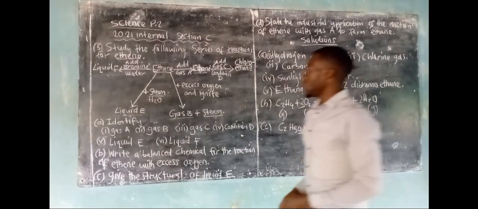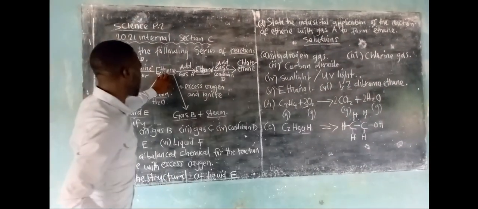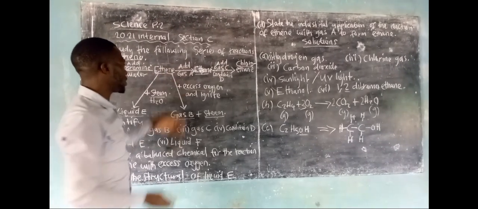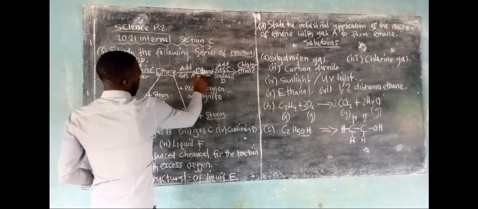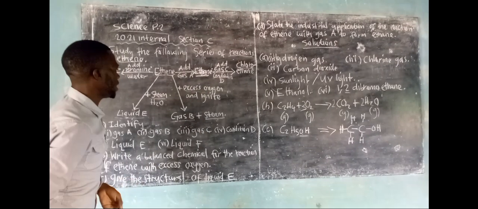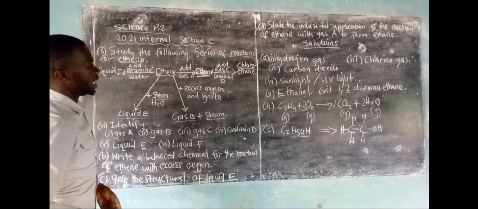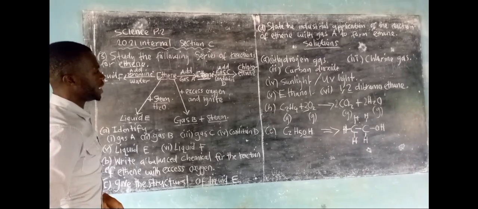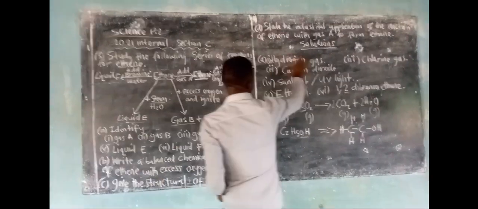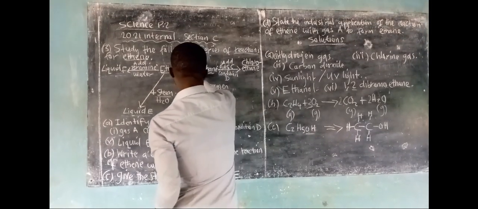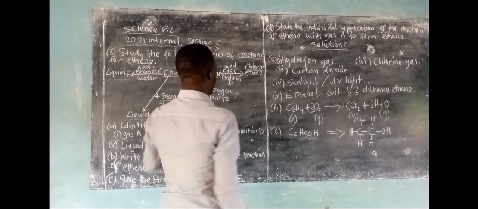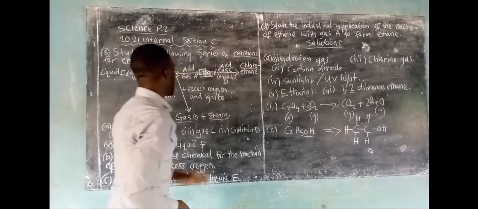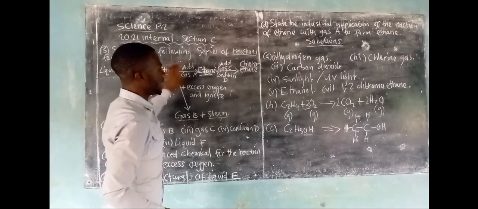So this is the reaction where we were saying it is the addition reaction, which is known as hydrogenation, because hydrogen gas, which is gas A, is added to ethene in order to produce ethane. Now, what is the industrial application of this reaction here?